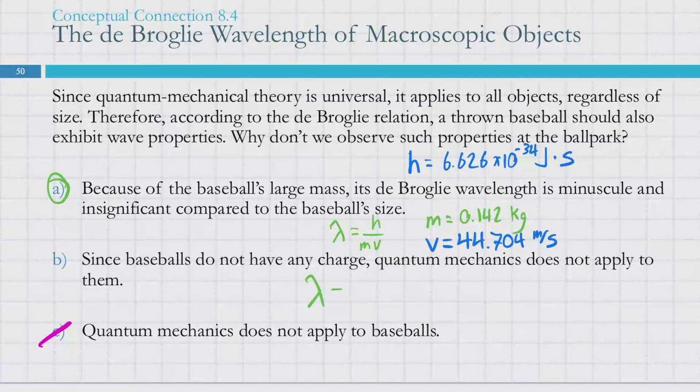The de Broglie wavelength of this baseball being hurled at the unbelievable and scary speed of 100 miles per hour is going to be, magic, we get meters out.